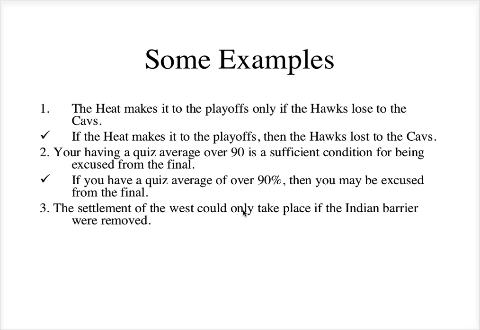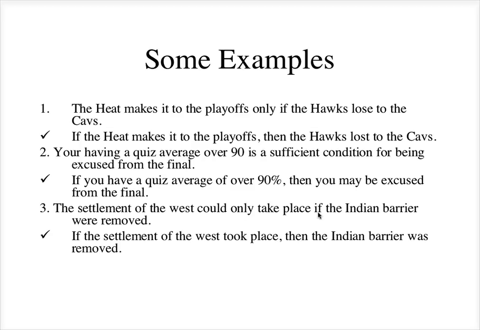Sometimes the words only and if will be separated in the sentence. So we need to rewrite that as if the settlement of the West took place, then the Indian barrier was removed. Because if the Indian barrier wasn't removed, then the settlement of the West wouldn't have taken place. Because the settlement of the West took place only if the Indian barrier was removed.